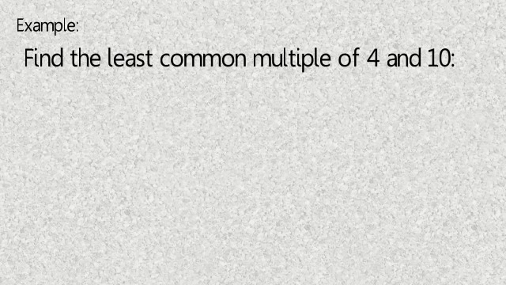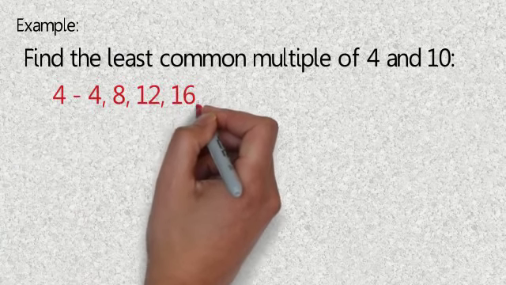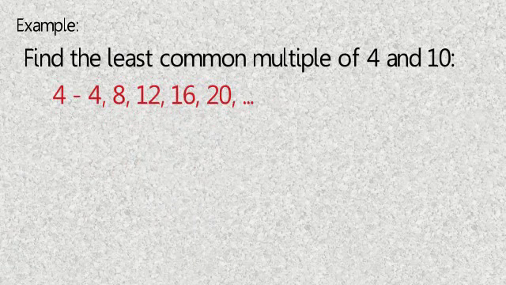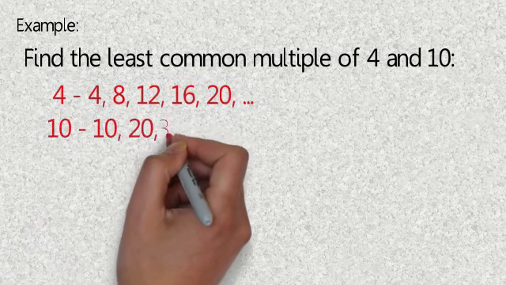So multiples of 4: 4 times 1 is 4, 4 times 2 is 8, 4 times 3 is 12, 4 times 4 is 16, 4 times 5 is 20, and so on. What are the multiples of 10? 10 times 1 is 10, 10 times 2 is 20, 10 times 3 is 30, 10 times 4 is 40.